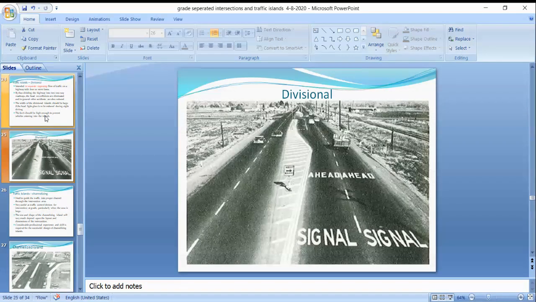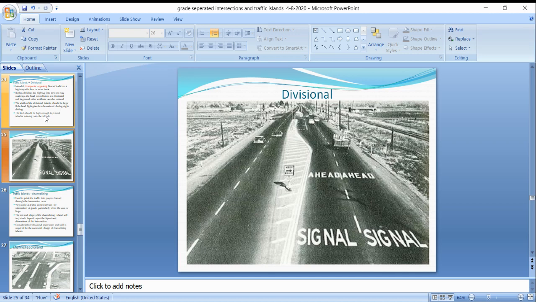Here we can see that by providing two one-ways, we are reducing accidents. In between, a divisional line is provided with some curb, some raised height, so that a vehicle cannot go to the other side. In both figures, vehicles are moving in the same forward direction, with no vehicle coming in the backward direction.